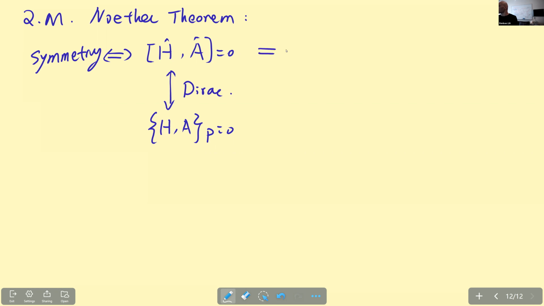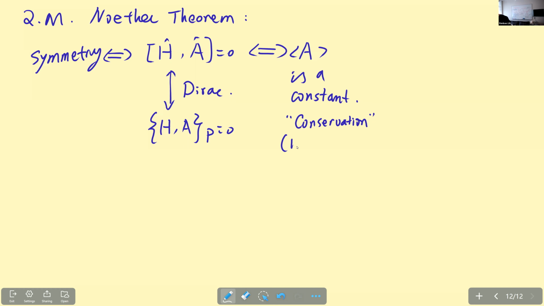And from this, we know that this A is a constant. That means conservation. Why?